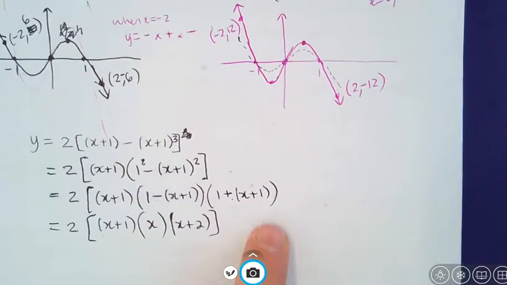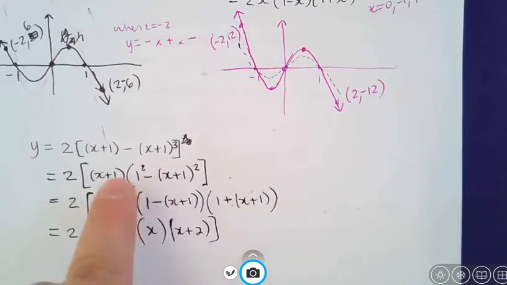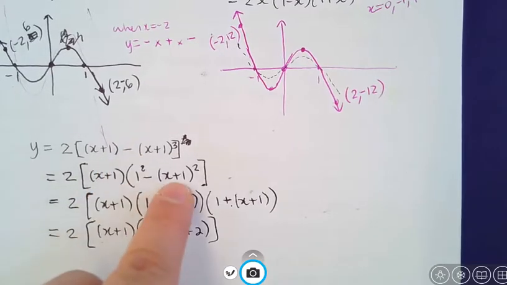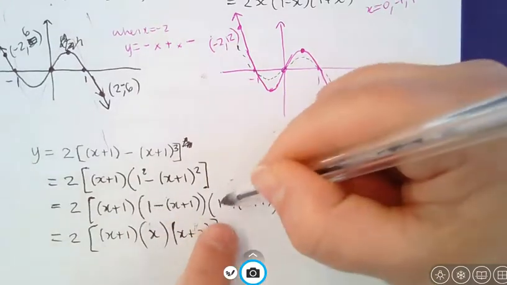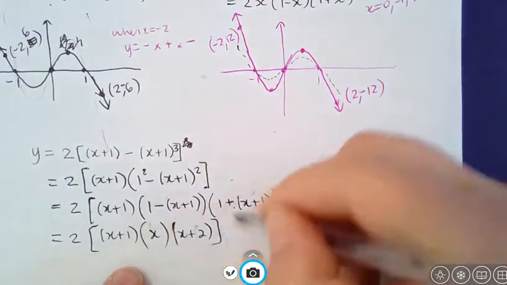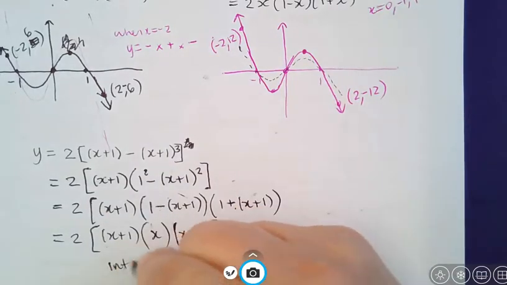So if I do that and factorize and re-expand this, because this is 1 minus x plus 1 squared, you can treat it as 1 squared minus x plus 1 squared. It's a squared minus b squared. A minus b, a plus b. If you simplify that and this, you get this. Where are my intercepts at now?